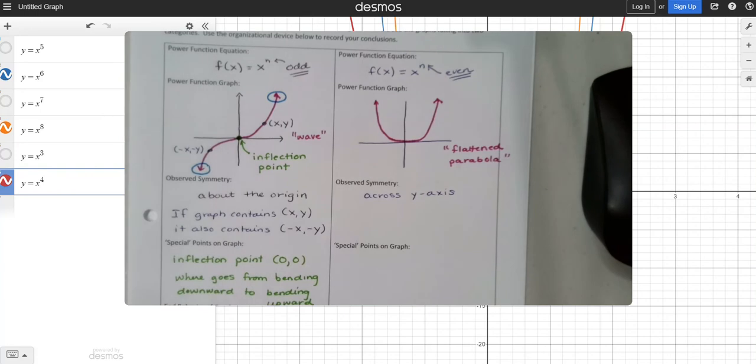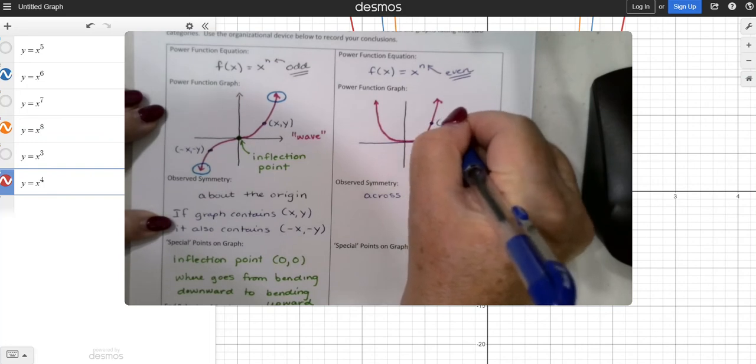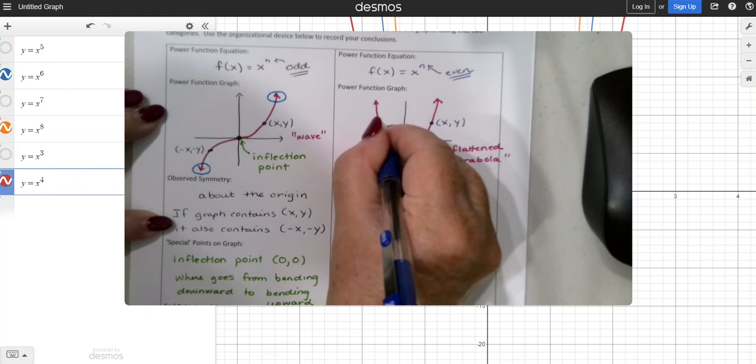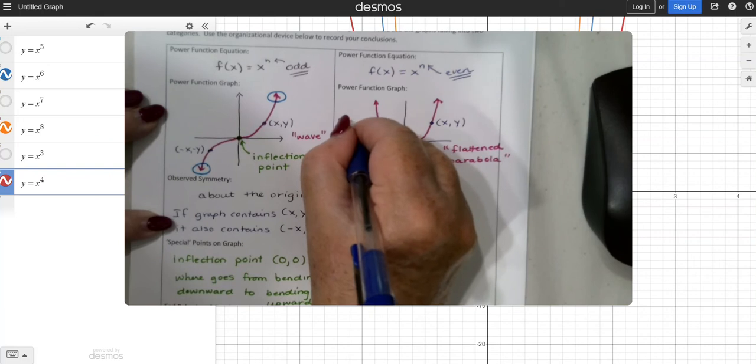And I don't know that we've actually formally talked about it this way before, but notice that what that means is if there's a point x, y here, then there's a point on the other side where the x value is negative, but it has the same y value.